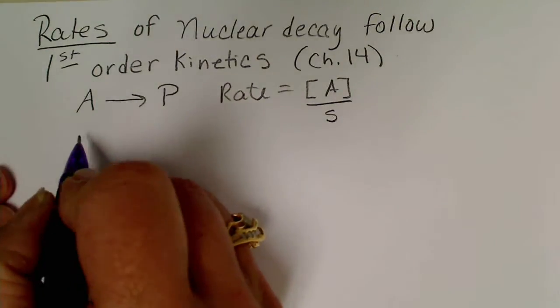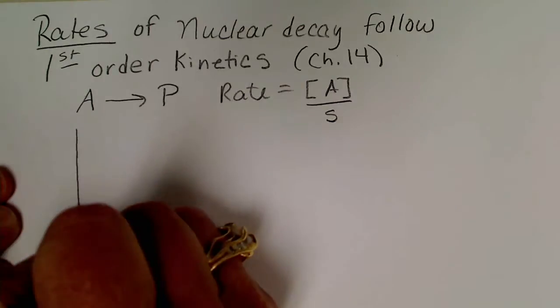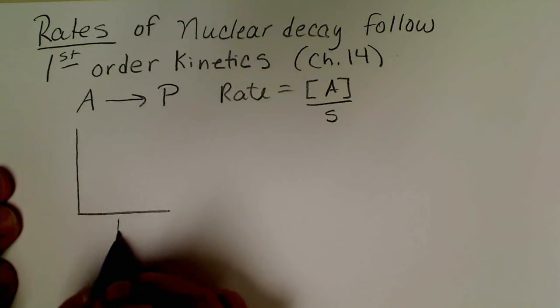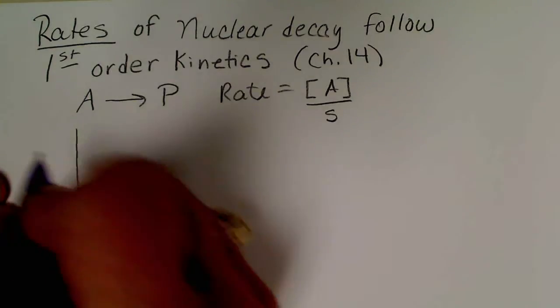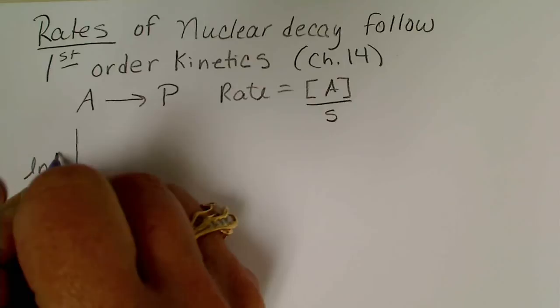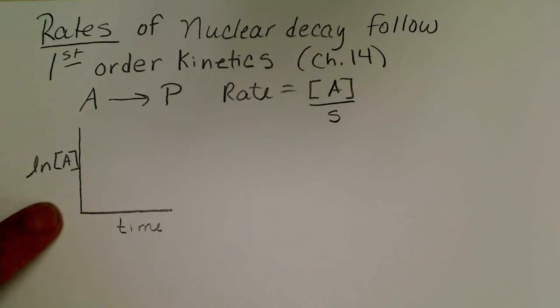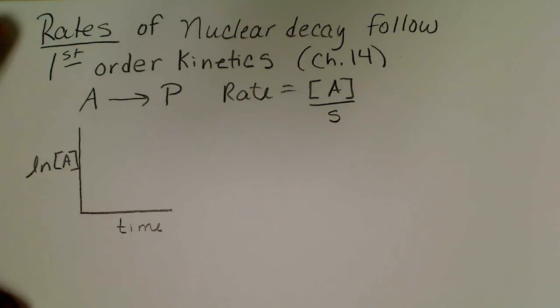And the first order rate law, graphically, we could represent that as the x-axis being time and the natural log of the concentration of A at any time t as the y-axis.